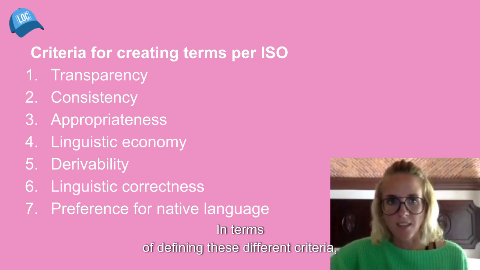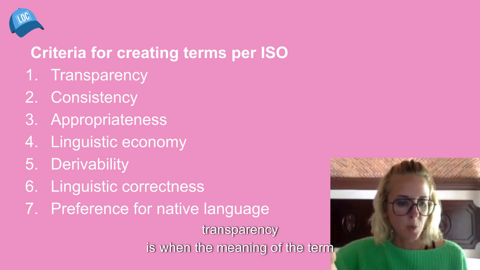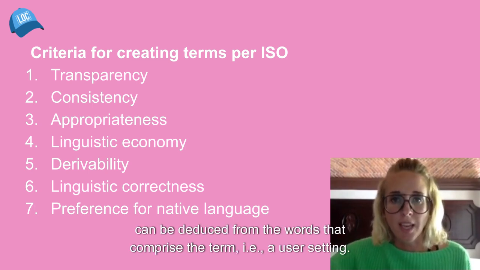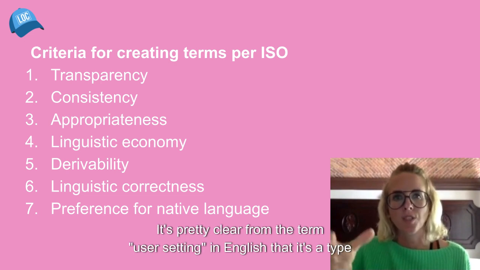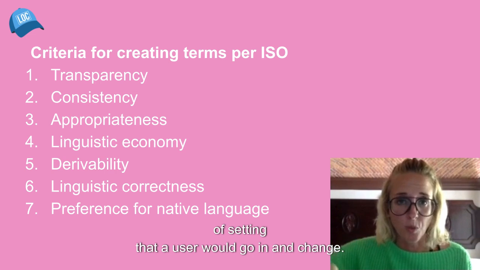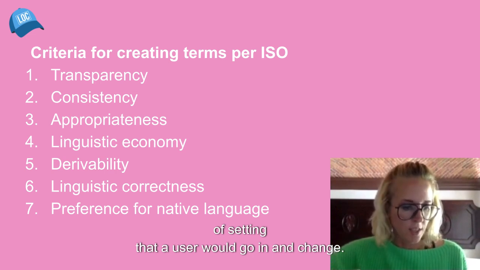In terms of defining these different criteria, transparency is when the meaning of the term can be deduced from the words that comprise the term, i.e. a user setting. It's pretty clear from the term user setting in English that it's a type of setting that a user would go in and change.